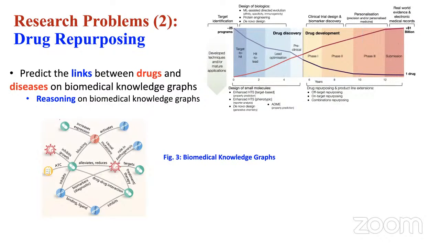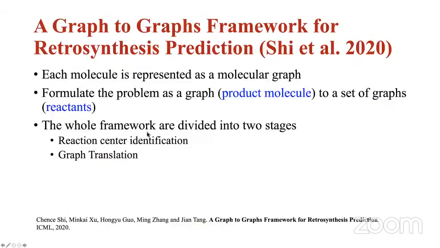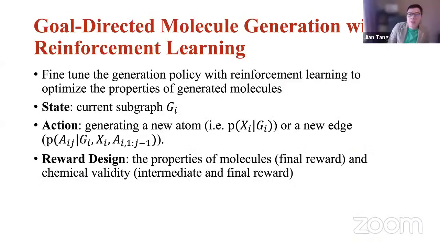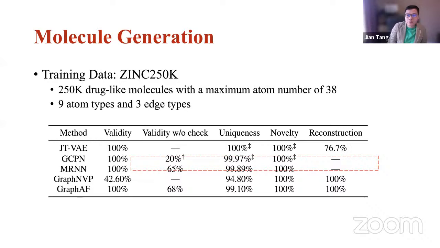I have a question. I'm not sure if I missed it when you were explaining, but sometimes RL seems to not do very well in generating diverse molecules. So, oh, right. I think there are some diversity metrics we didn't evaluate.